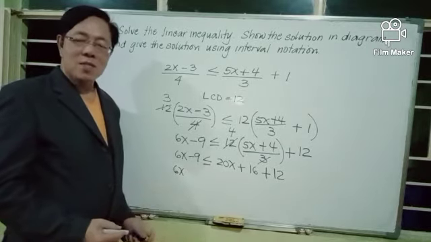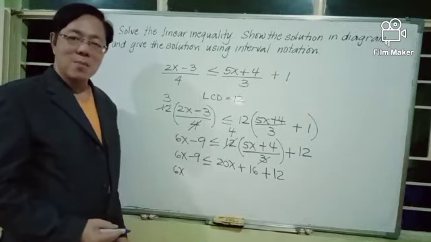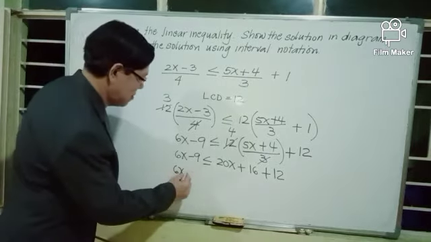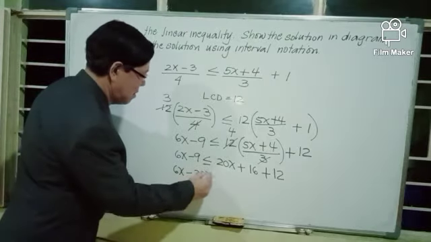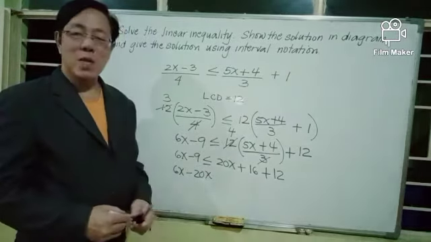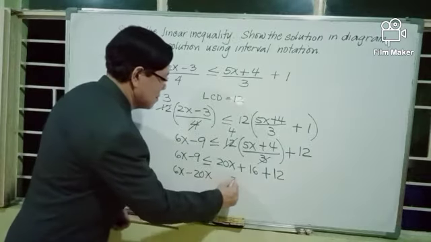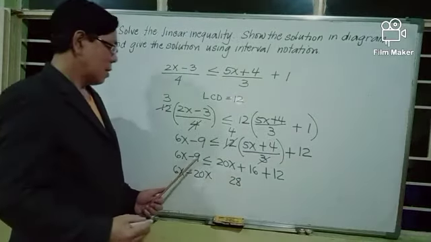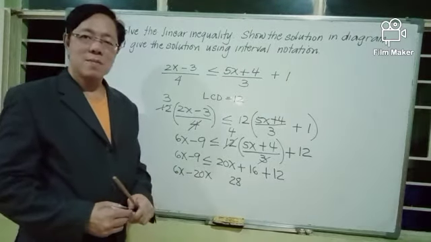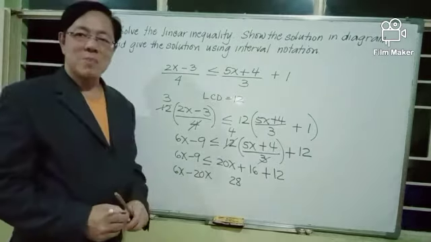You take the opposite sign of the term, it becomes negative 20x after transposition. At the other side, we have 16 plus 12, that's 28. And minus 9, we transpose to the right hand side. It becomes positive 9.